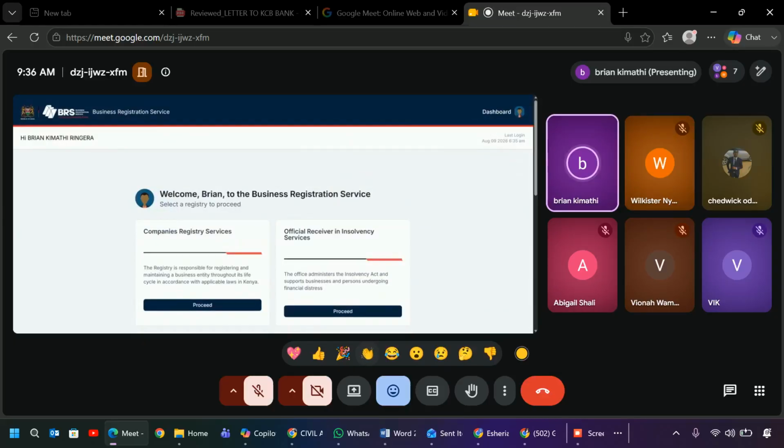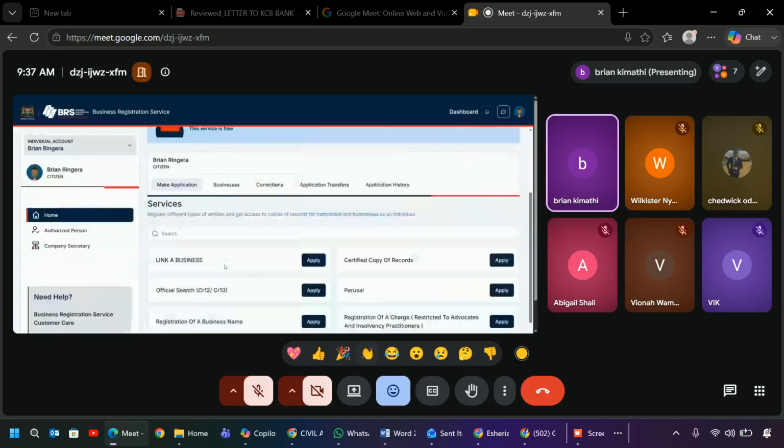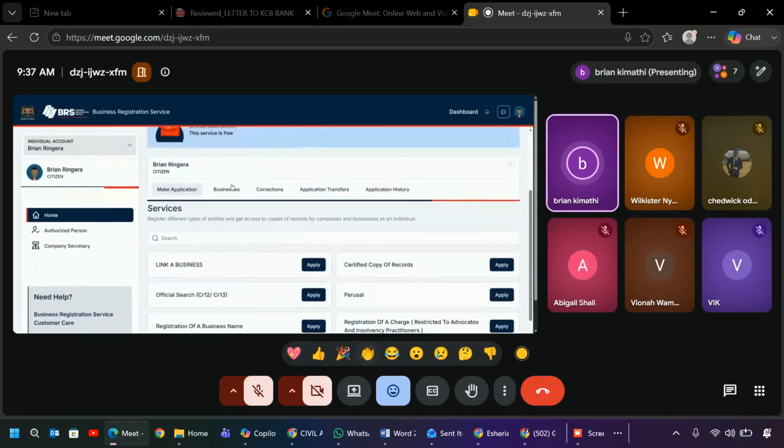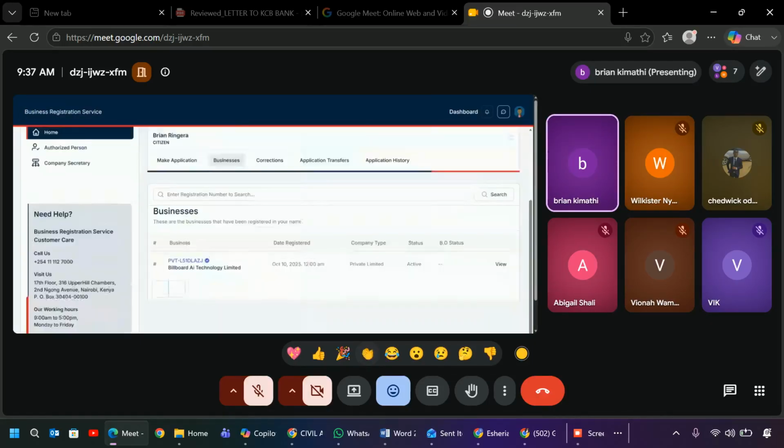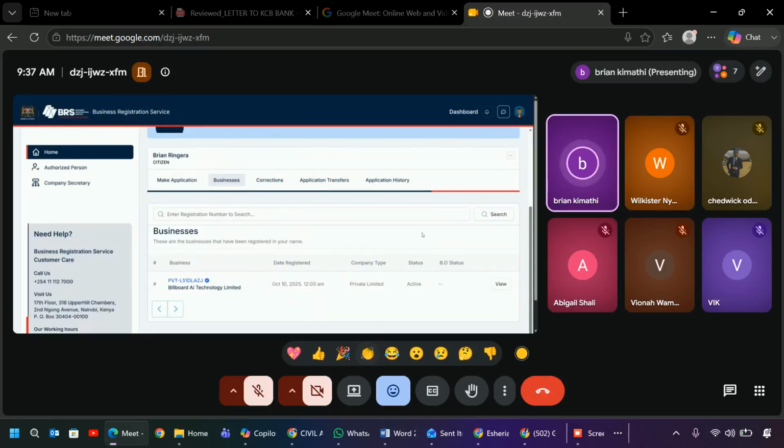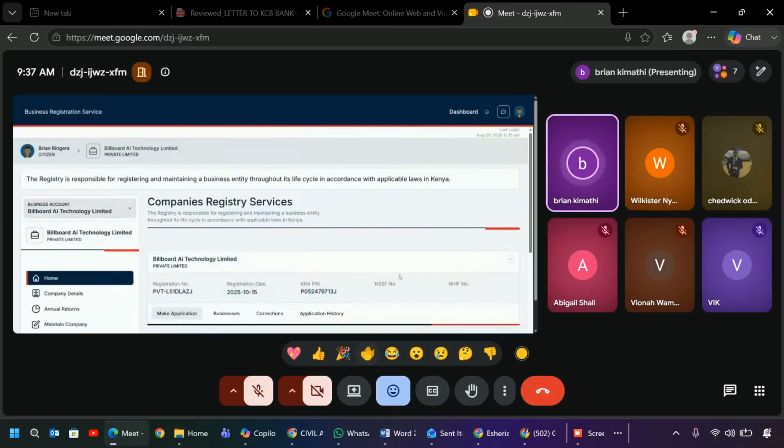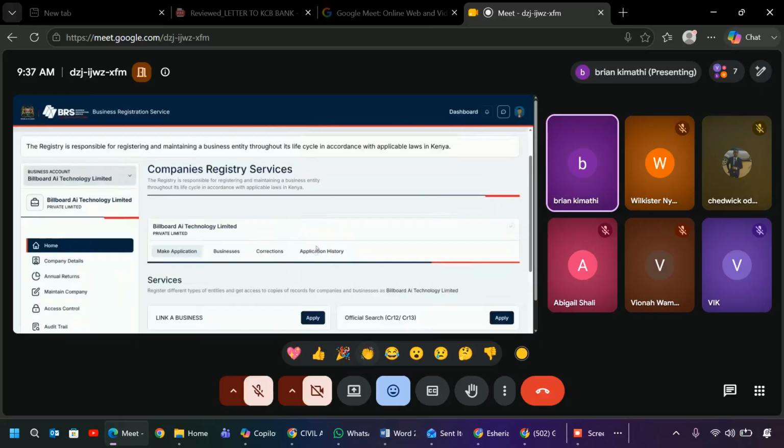So it has also been a bit of trial and error because now they are trying to marry the technology with the statute. They are trying to get what is in the statute to reflect in the technology they are developing. So in the company registry service, we shall see first a private limited company.